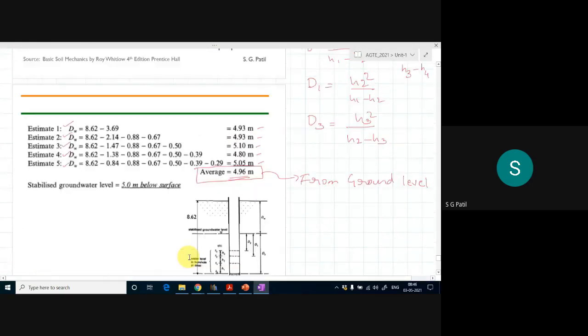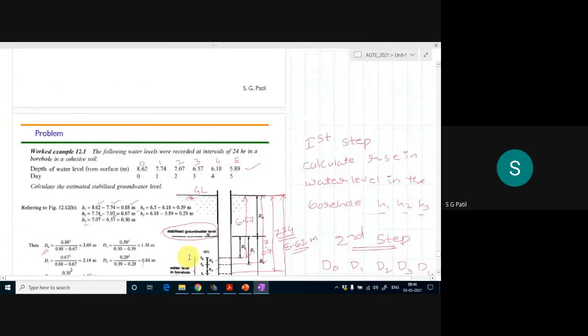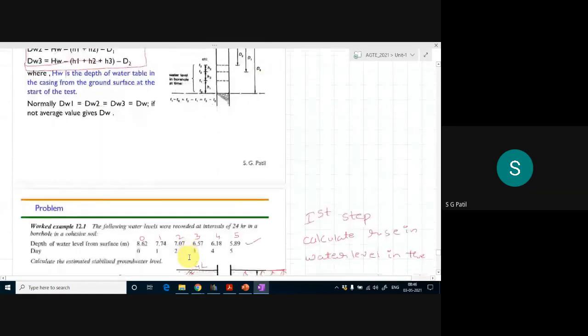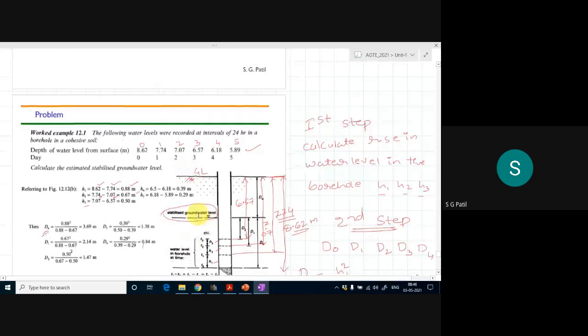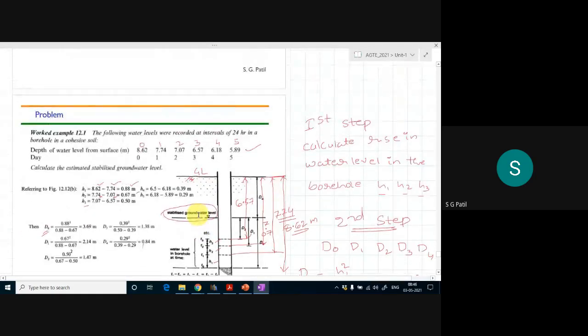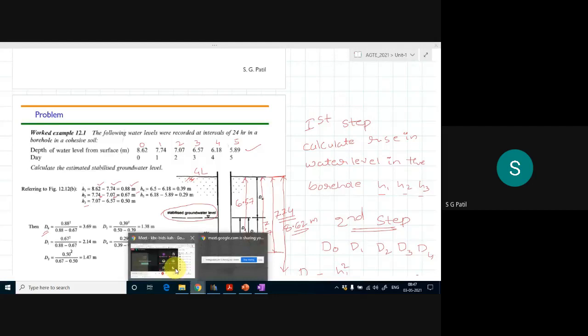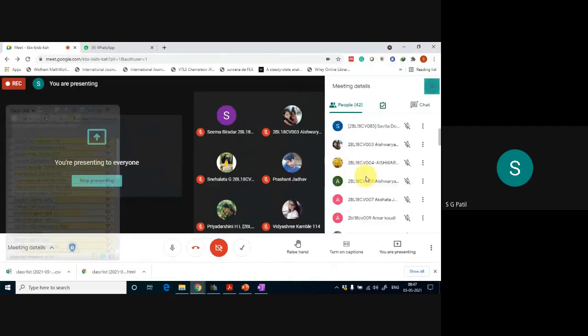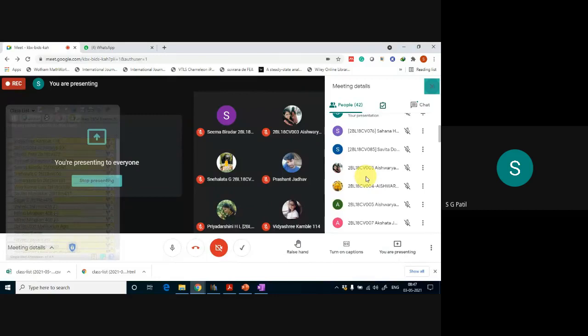Understood, no? Any doubt here? This is also a very important concept. Problems have been asked based on this concept in the examination. Either they can ask you a theory question or they may ask you a problem. Any doubt here? Prashant Jadhav, any doubts?